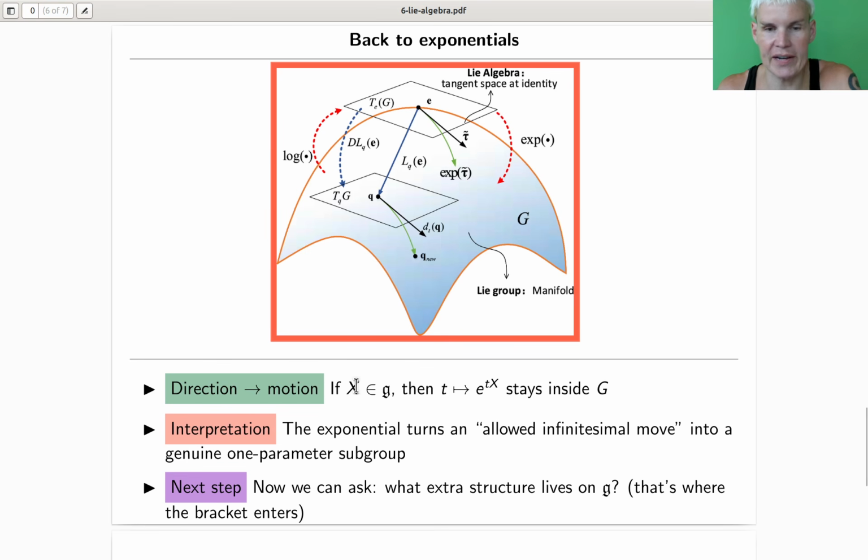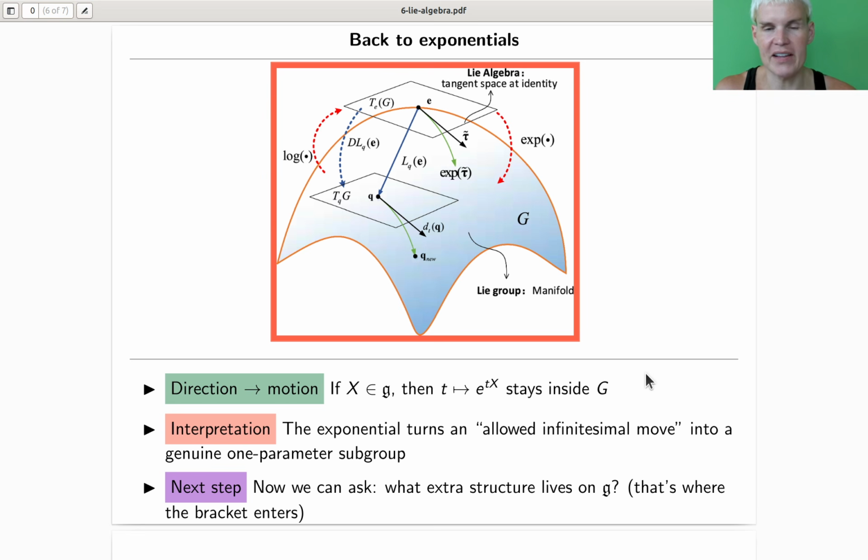Essentially, you take your X, which is now a matrix, in your direction of motion, if you want, in your Lie algebra. You take the exponential and you get that thing. Beautiful. So you stay inside of G. And that's literally where the exponential comes from. The exponential turns the allowed infinitesimal move into a general direction in your group.